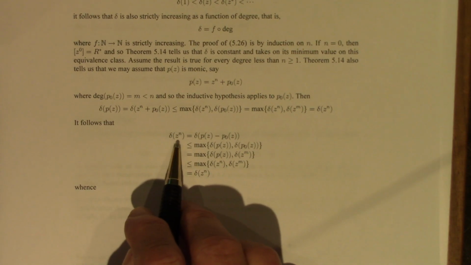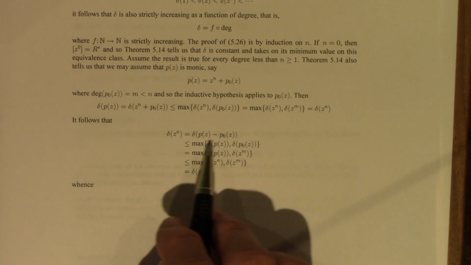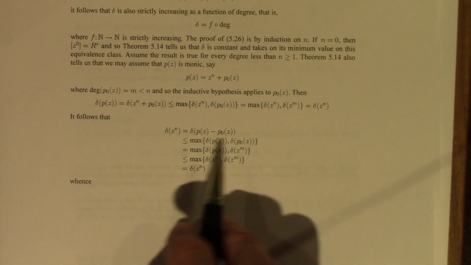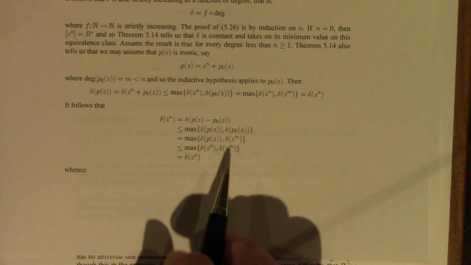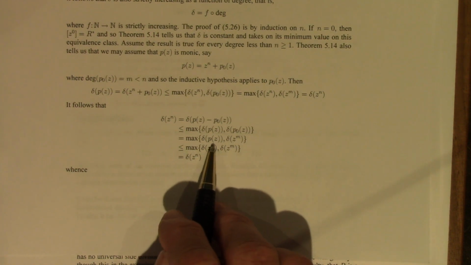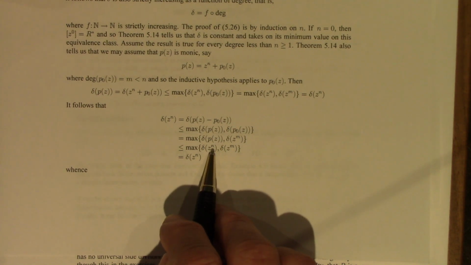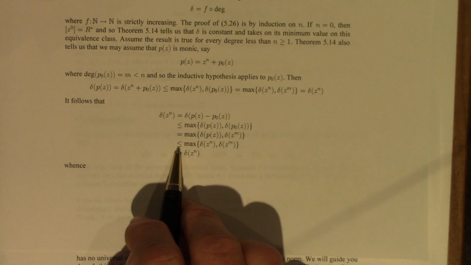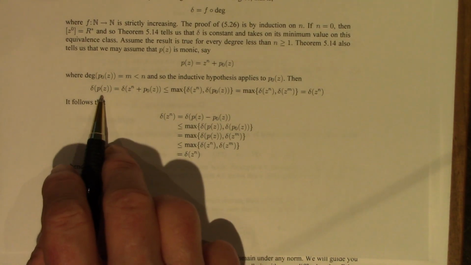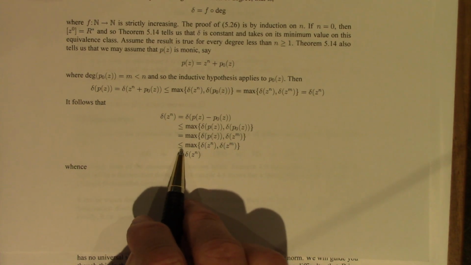But then delta of z to the n is delta of this difference, which is less than or equal to the maximum of the deltas. Again, this is delta of z to the m, and this one is delta of z to the n. Because of this relationship here, this is a less than or equal to. So I'm replacing delta p of z by delta z to the n, but I have to put less than or equal to.